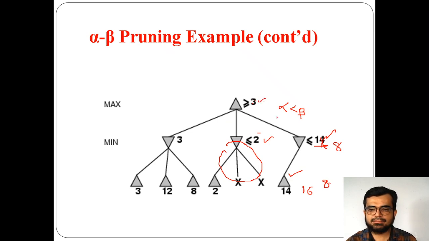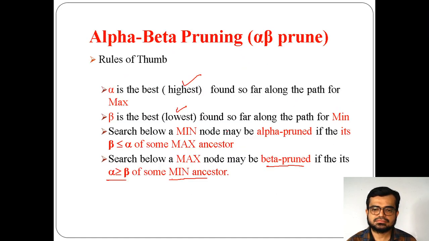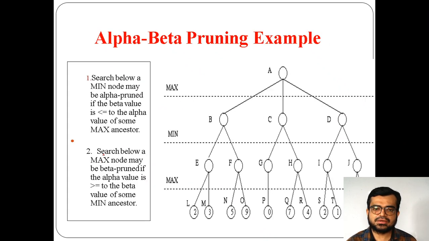If I want to prune this, then this is alpha pruning for a max ancestor, but I am not pruning in this example. So alpha pruning happens when beta is less than or equal to alpha. In this way alpha beta pruning works.